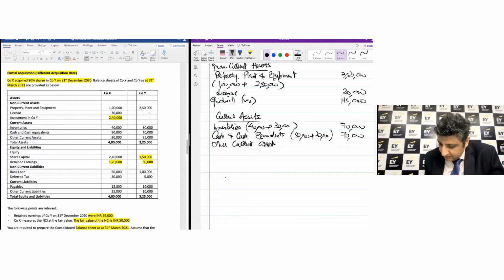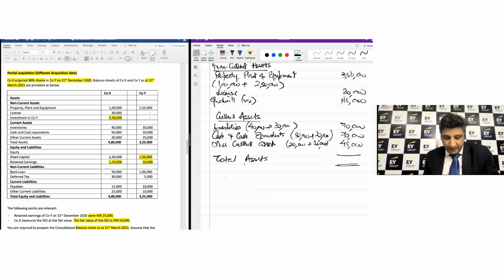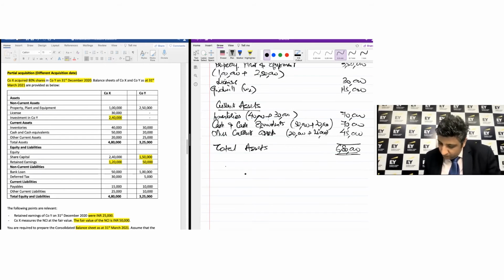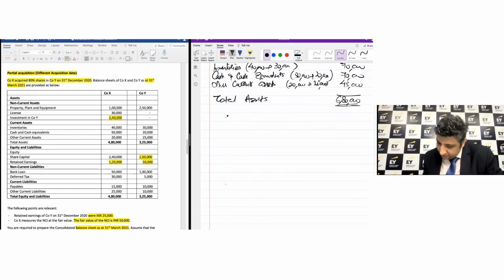Other current assets, 20 plus 25. That makes it 45,000. This would give me total assets in the column. Let's do the calculation, which is 350 plus 30 plus 115 plus 70 plus 70 plus 45. This gives us 6,80,000 rupees.